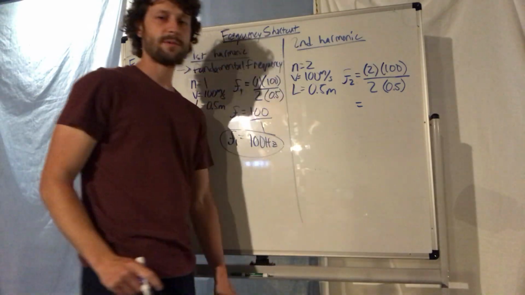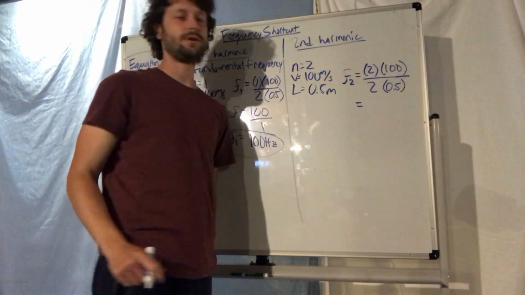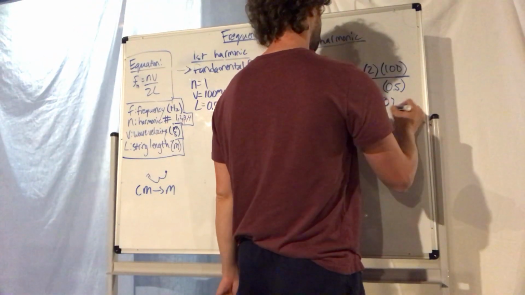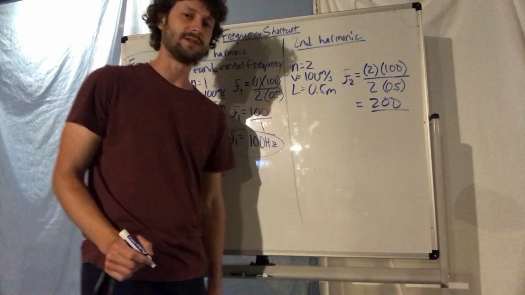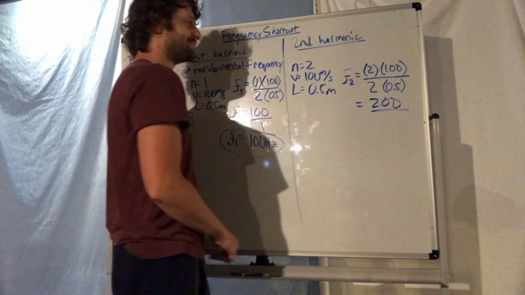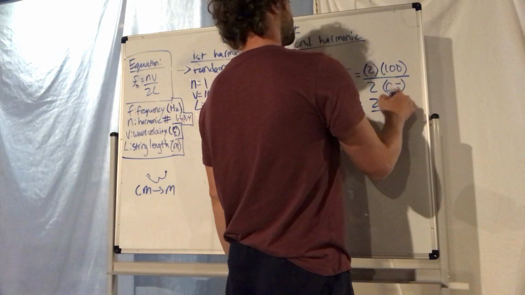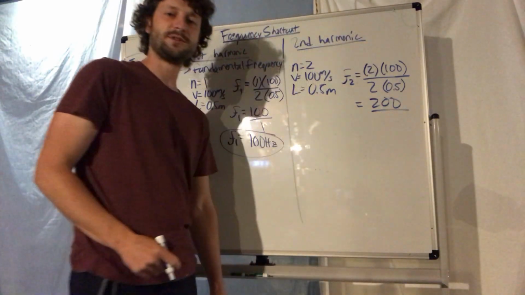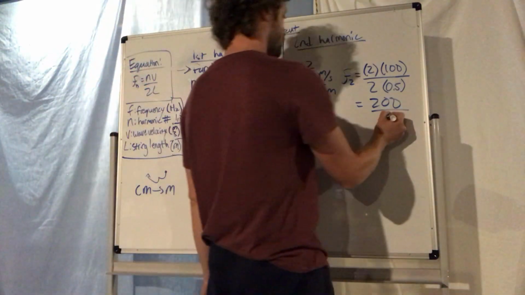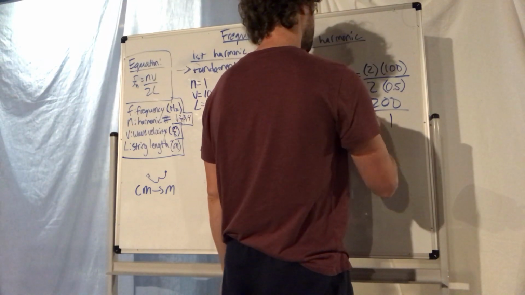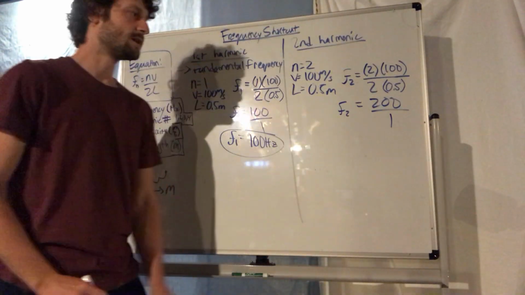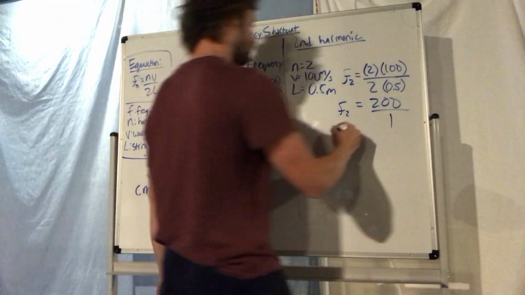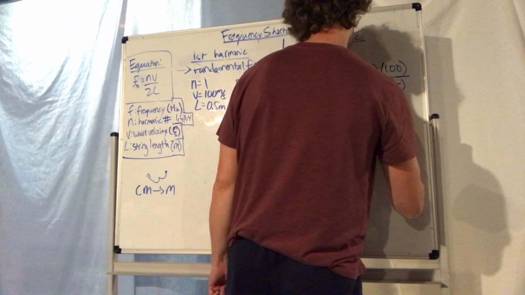So on the top of the fraction, 2 times 100, you could do it on your calculators, and you're going to get 200. Feel free to pause at any time if you need to catch up. You could pause me as much as you want. On the bottom, 2 times 0.5 is 1. So F2 would be 200 over 1, which is 200 hertz.